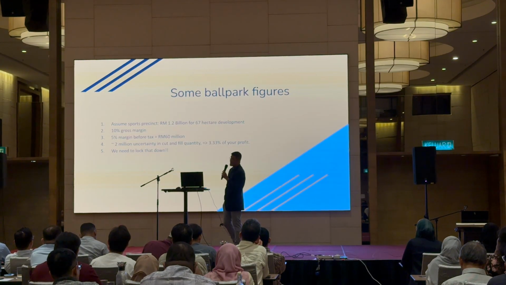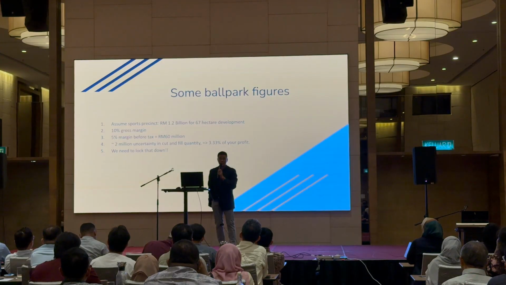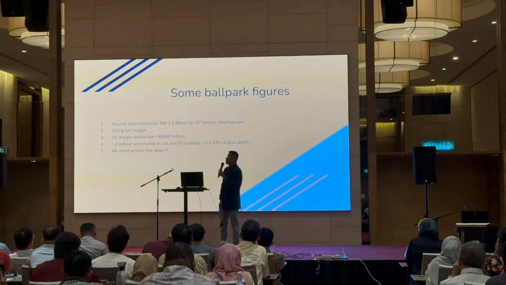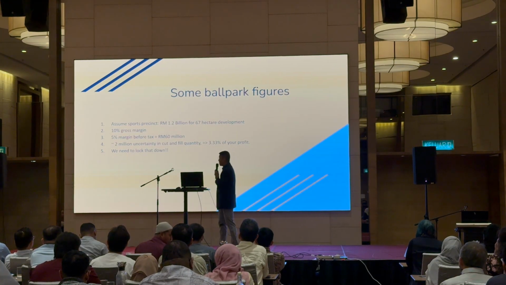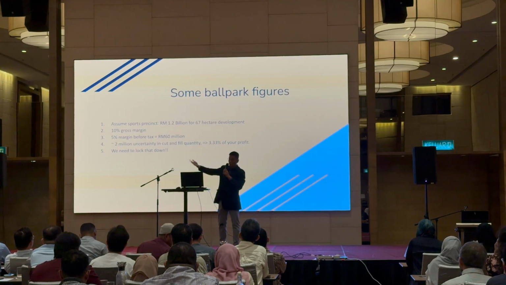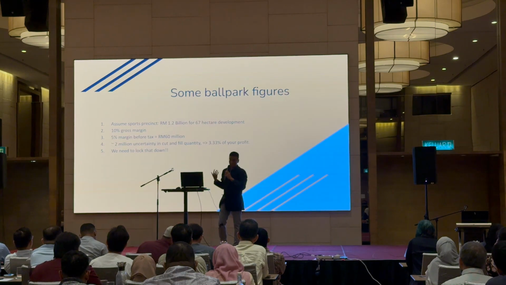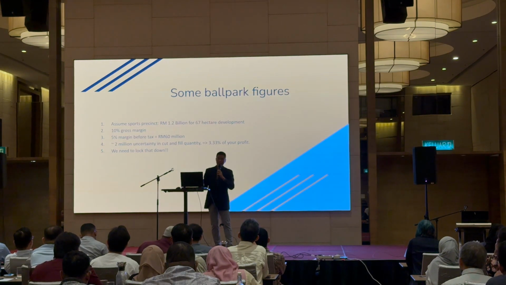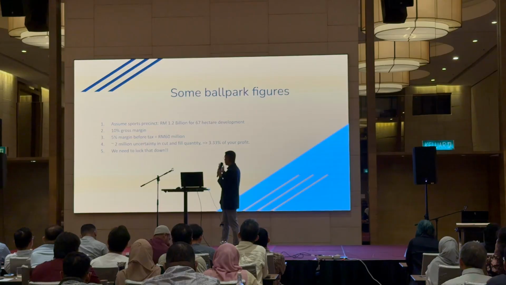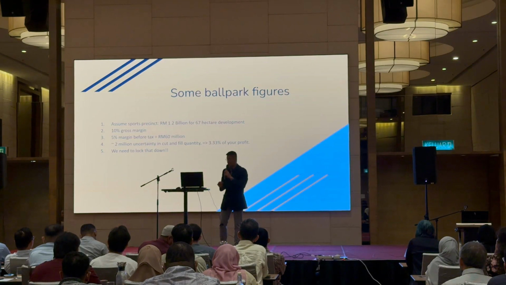But this 60 million, you are not going to collect immediately. Maybe you have to fork out first, and then only you collect back later. So for 60 million, if you do not have sufficient cash, you have to go to the bank and do a bank loan, which means that your margin will be further squeezed.